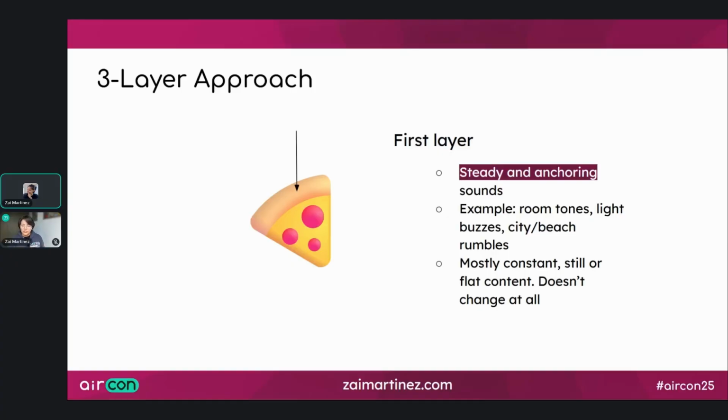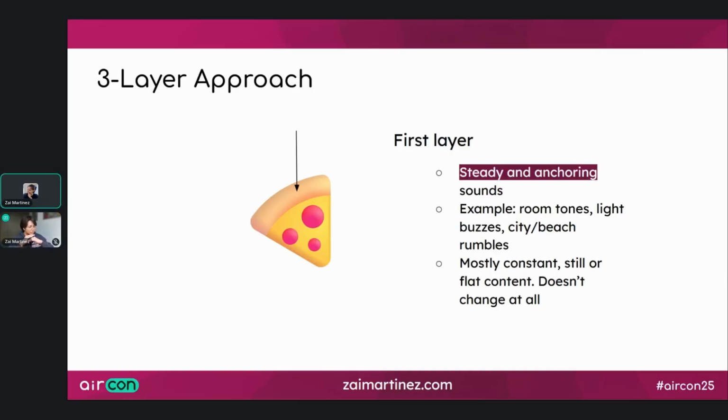So yeah, the first layer is gonna be the steady and anchoring sounds, the still sounds. Some of these sounds can be, for example, room tones or city rumbles, beach rumbles, or maybe fan and AC ventilations, maybe a constant water flow. These sounds have almost no dynamic.